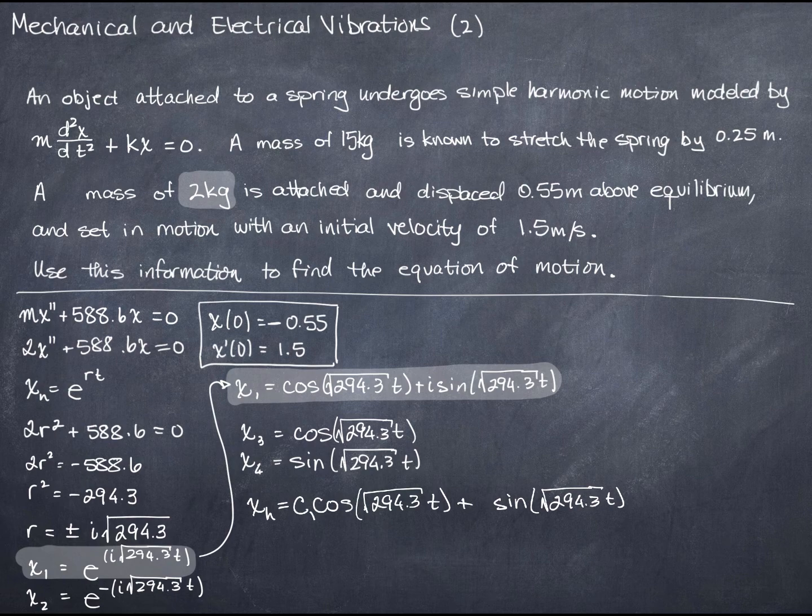Some constant times the first solution plus a potentially different constant times the other solution. So now we have a general solution to the homogeneous case, and we don't know the constants here yet.